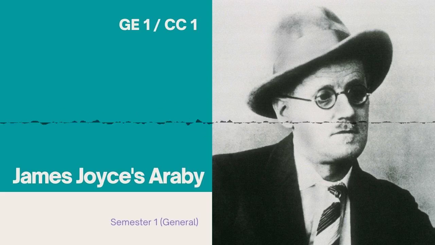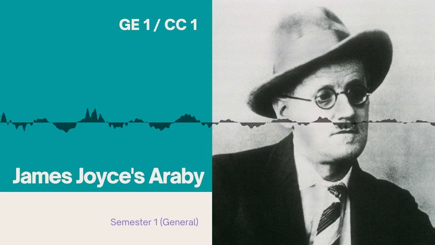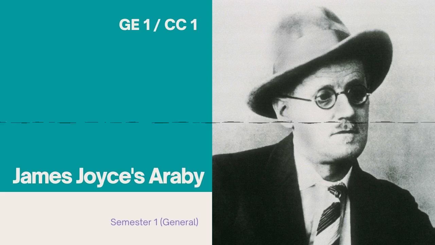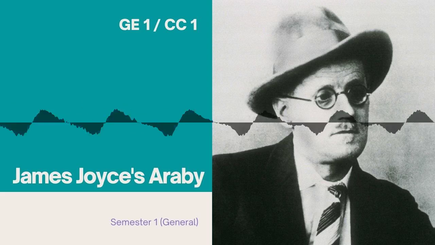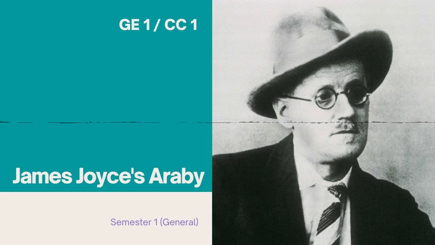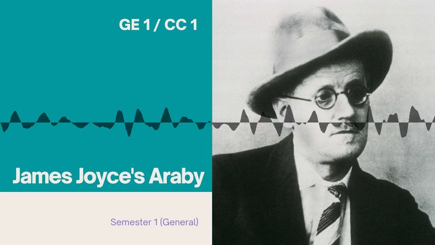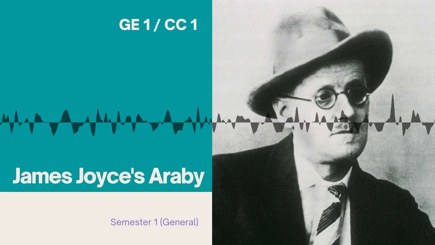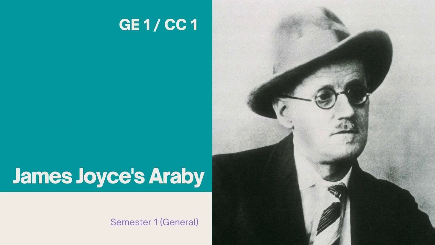Modernist period is literature written between roughly 1900 till the end of World War II, which is in 1945. So literature written between this time, 1900 and 1945, is roughly called the modernist period. Okay, and James Joyce is one of the most famous authors of this period of literature.